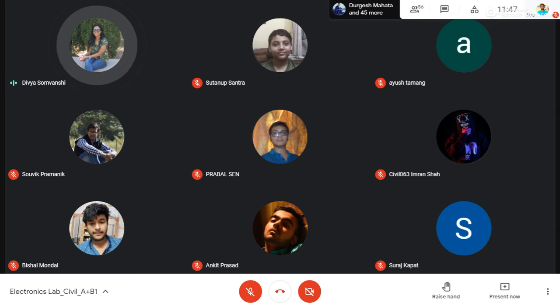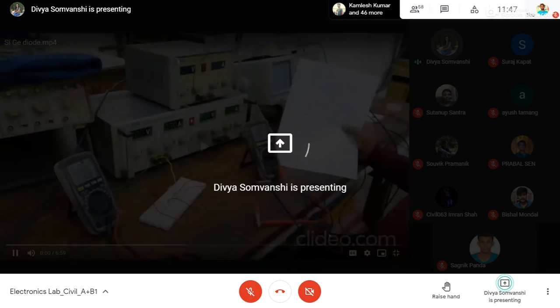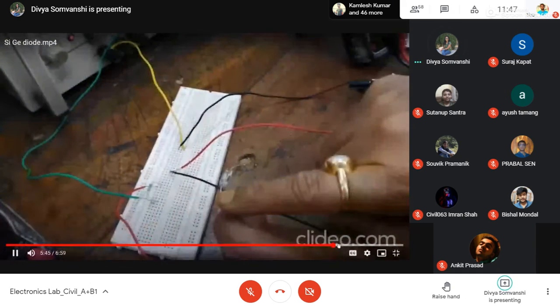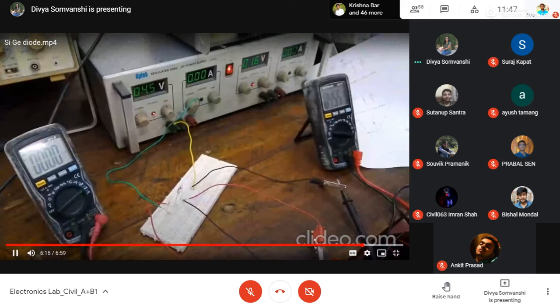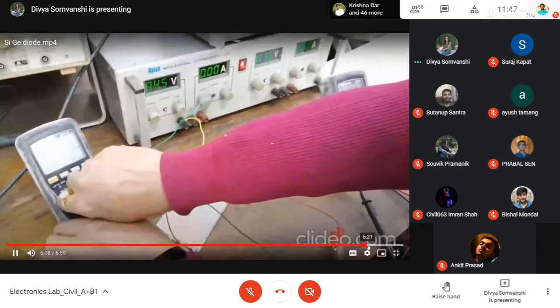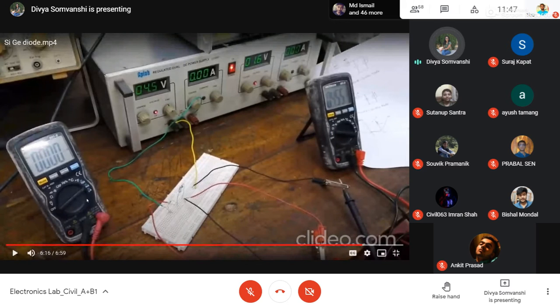Maybe I will just show you. So this is your experiment, where the voltage is applied and the current flows. This is your multimeter.